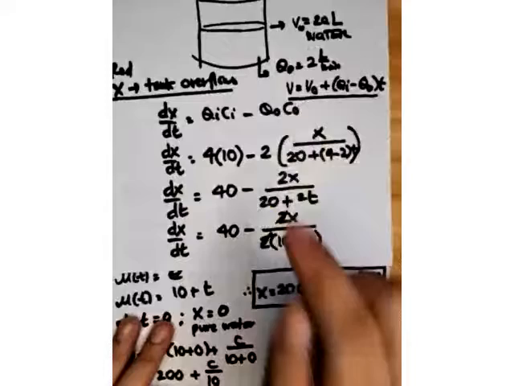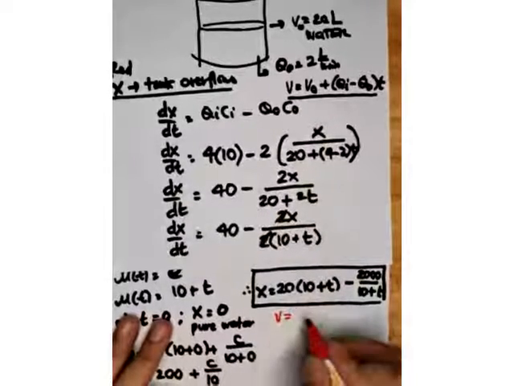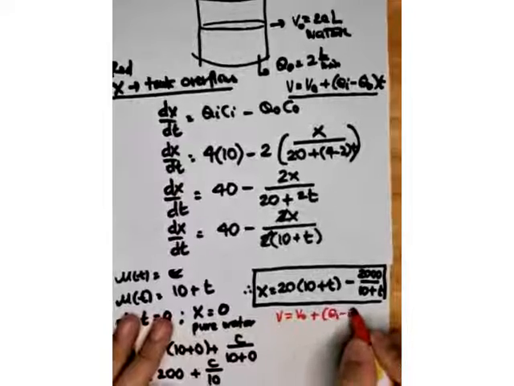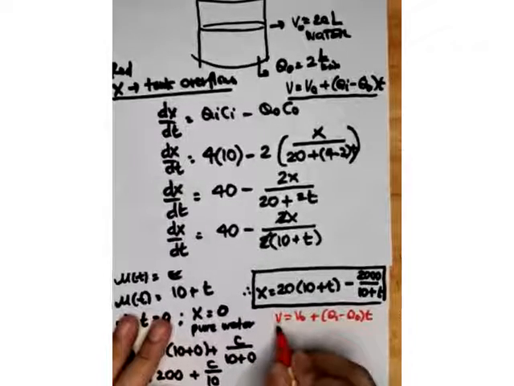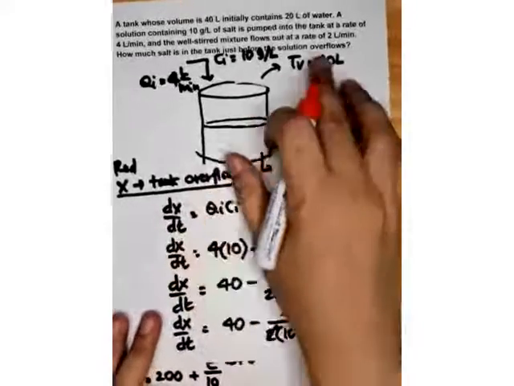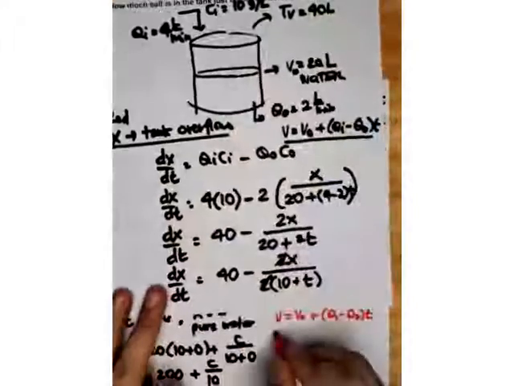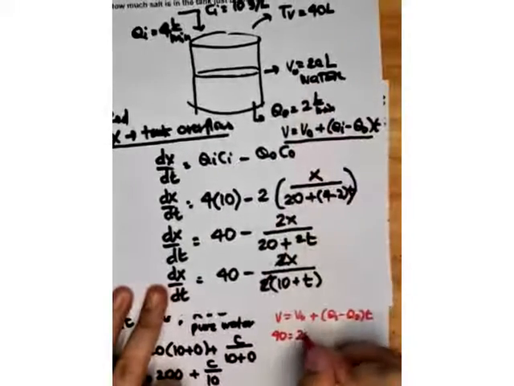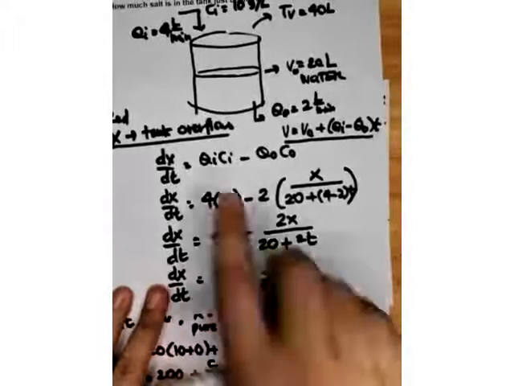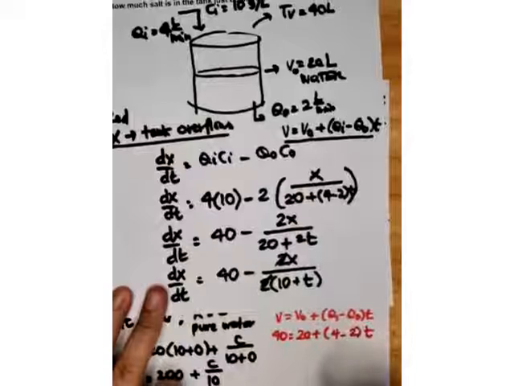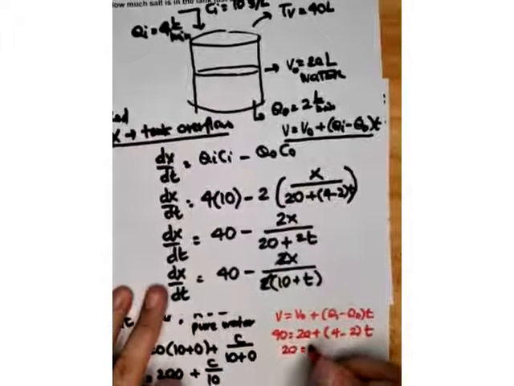Okay, dito yung time. That V is equal to V0 plus Qi minus Qo times t. Ano yung volume para mag-overflow siya. So, syempre, yung ating total volume. So, that's 40 is equal to, initial volume niya is 20 plus yung rate niya, in is 4 minus 2 times t. So, this is 20 is equal to 2t.